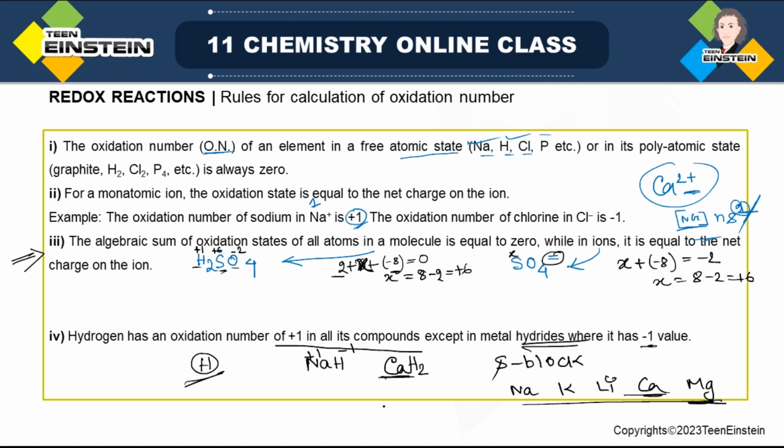That means per calcium there will be 2 hydrogen atoms accepting electrons. So it is Ca2+, and it is -1, but 2 times it is there. That means the overall negative charge will be -2. So 2 plus 2 minus is ultimately 0. Similarly for Mg, the formula is MgH2. So 2 positive charge is coming from calcium, and -1 is coming from hydrogen. Overall it is 0. Okay, so this is the fourth point, which is special for the hydrogen atom.